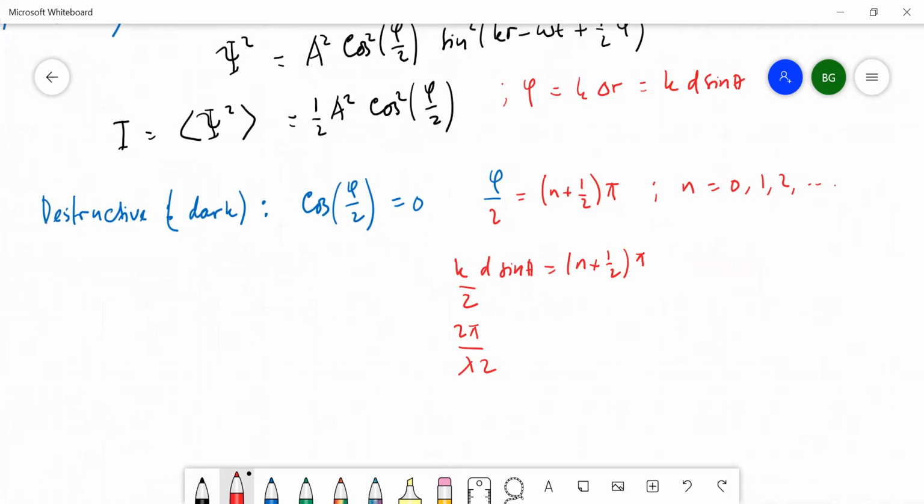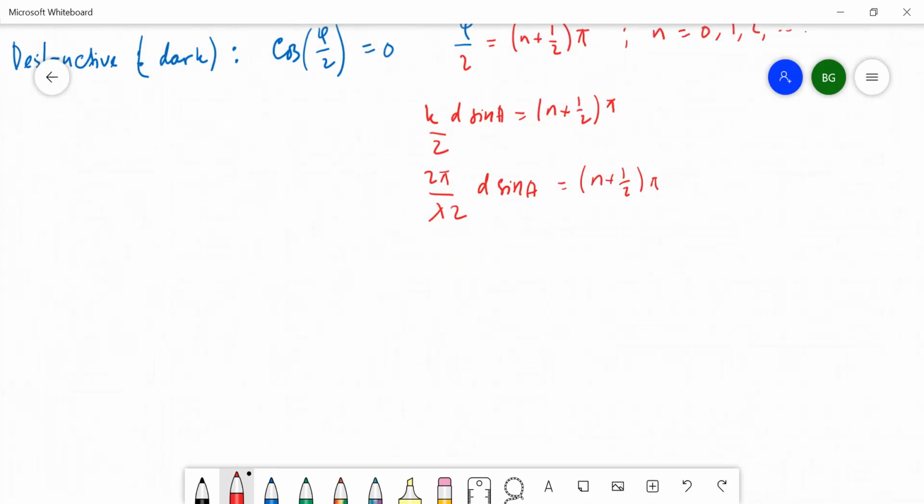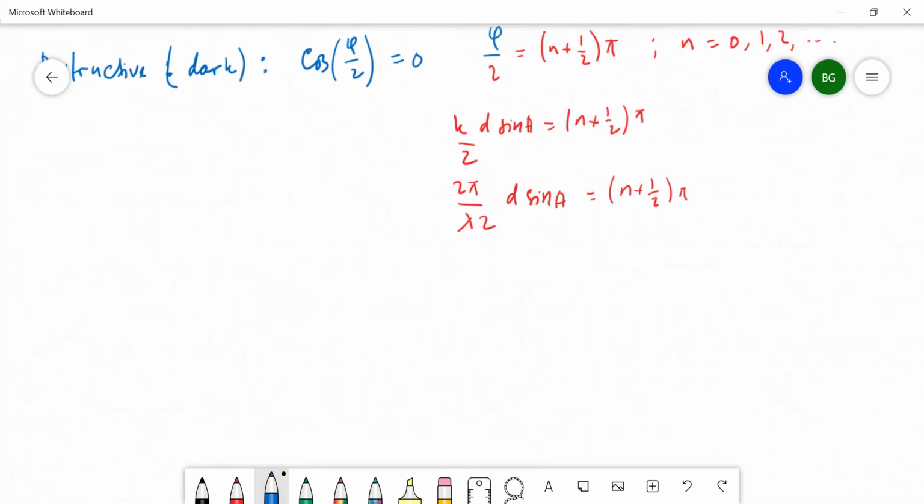We get the sin theta, and so we get that d sin theta is equal to (n plus a half) lambda. Any question?